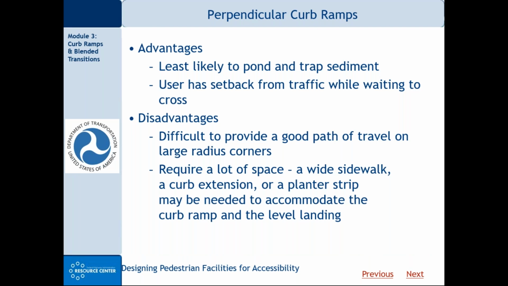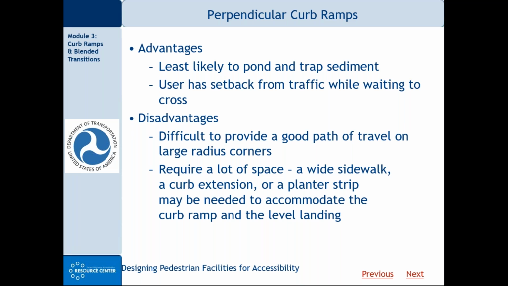Summing up perpendicular curb ramps, these are probably the least likely of the designs to pond and trap sediment, so that's a good thing. Also, the user has some setback from traffic while they're waiting to cross the street. There's two main disadvantages, though. One is that it's difficult to provide a good path of travel on large radius corners. I think we saw that last week.